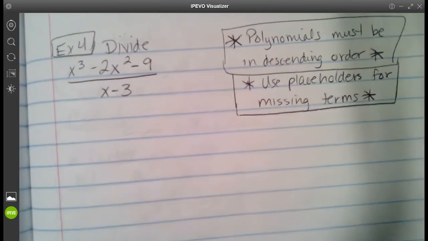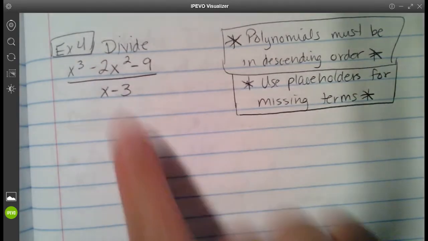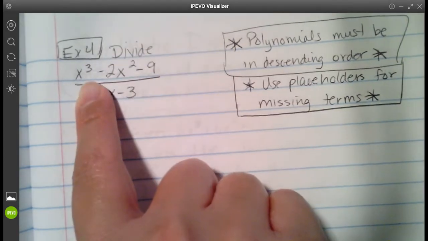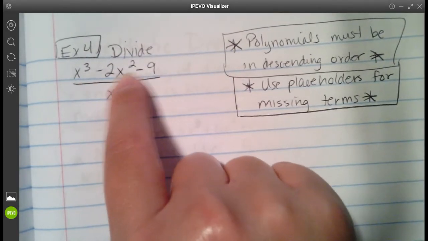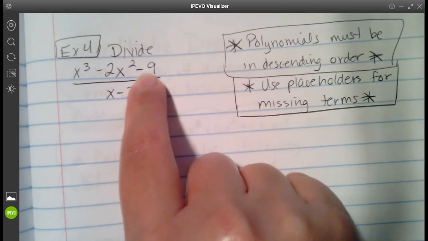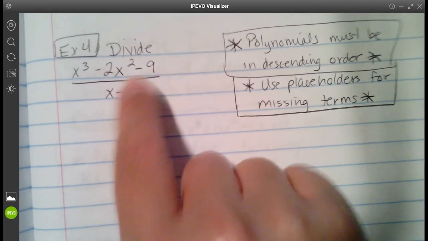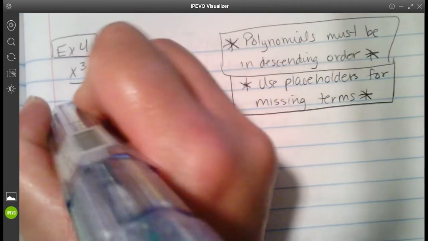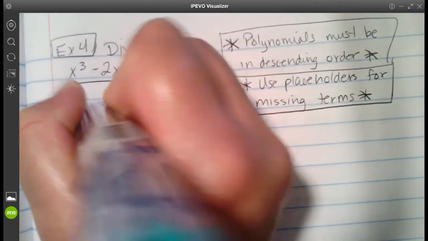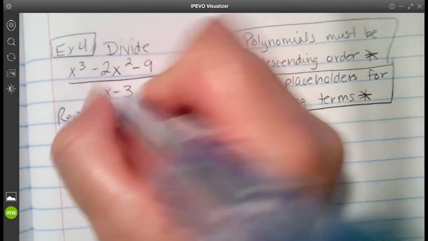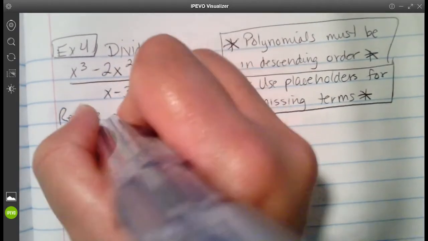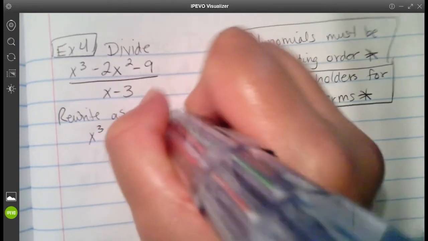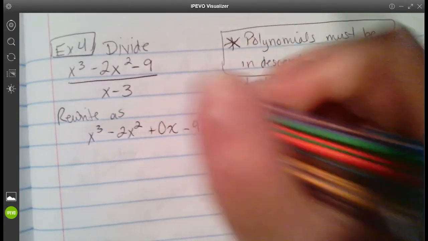All right, so let's go ahead and begin. I'm going to go ahead and start by rewriting this with the missing terms. We have our x cubed, we have our x squared, but notice that we're missing the x. Usually we have another term here, the x, okay? So that's going to look like the following. I'm going to rewrite it as x cubed minus 2x squared plus 0x minus 9.